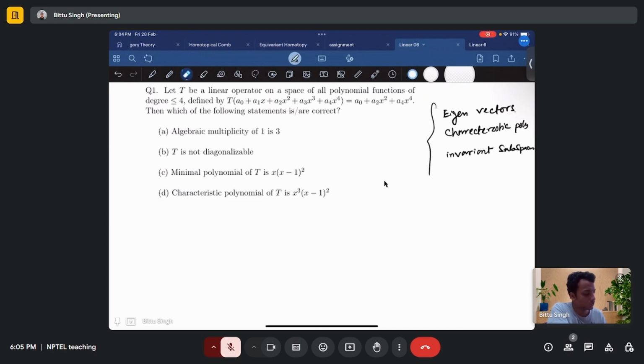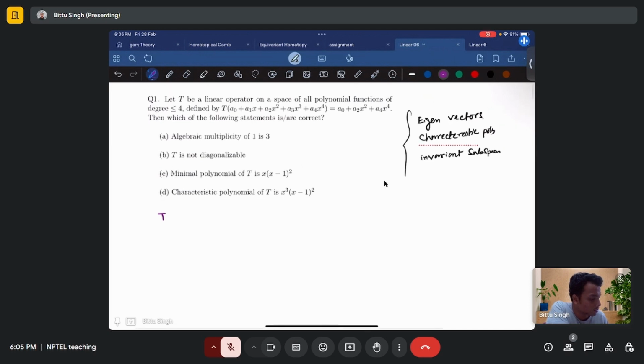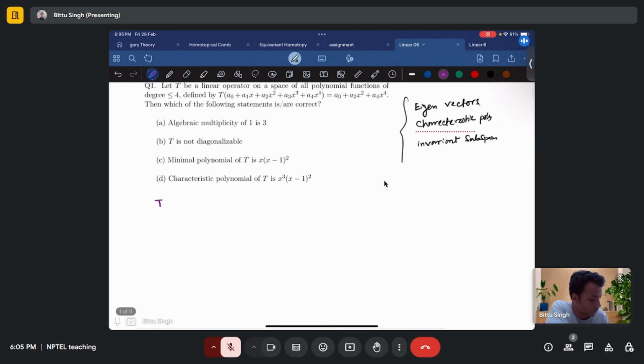First we will find the matrix representation of T. So from here it is clear T of 1 is the same as 1 and T of x is the same as 0, because you can see if we put a1 equal to 1 and the rest are 0, then it is simply 0.